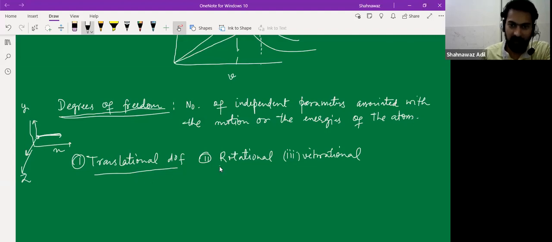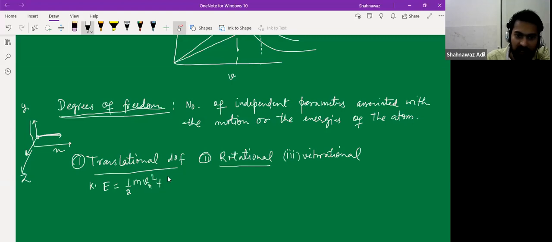And then you have rotational degrees of freedom. For the translational degrees of freedom, what are the energies? You have the kinetic energy, which is half m vx square plus half m vy square and then half m vz square. So this is the translational kinetic energy.